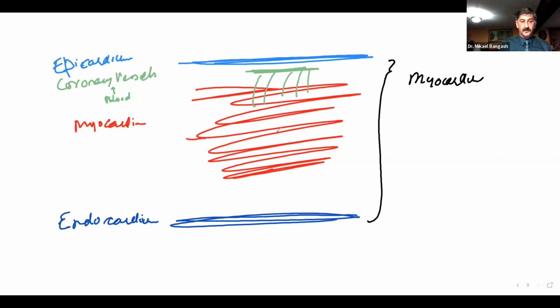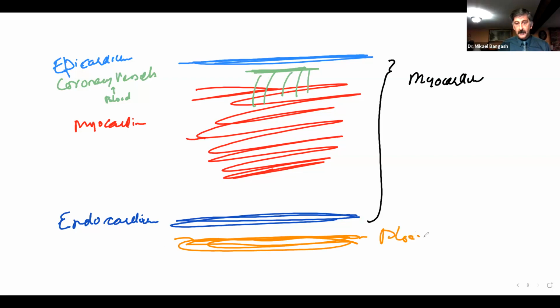Inside the heart, on the other side, the endocardium, that's just going to be blood that is pumped as the heart contracts and relaxes. But this blood is going to do no good. The myocardium is not going to benefit from any of the blood that is being pumped through the chambers of the heart.